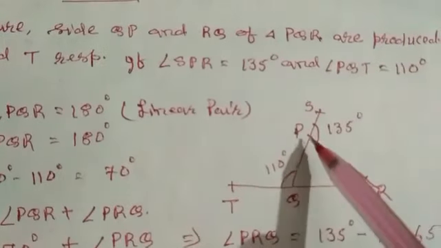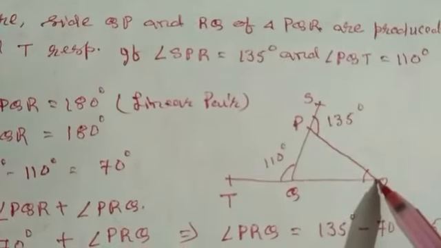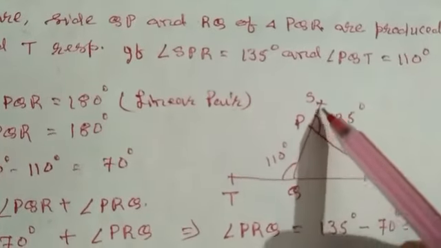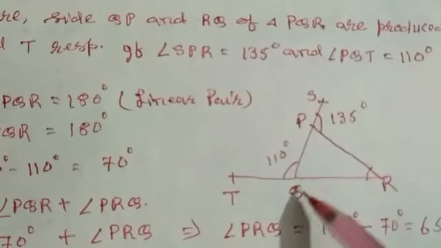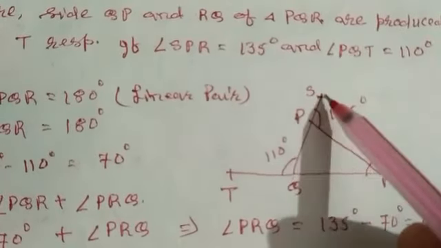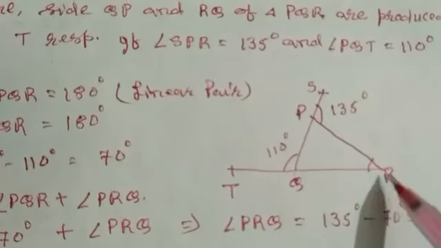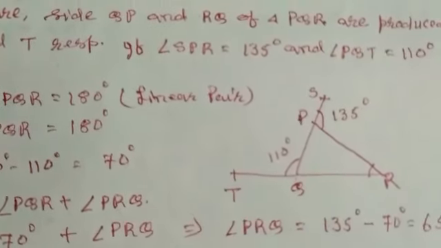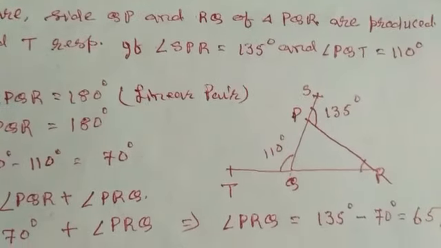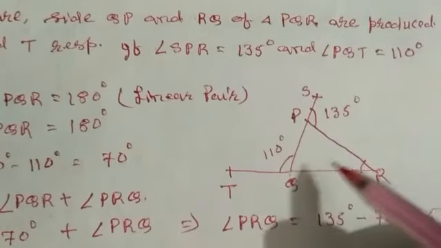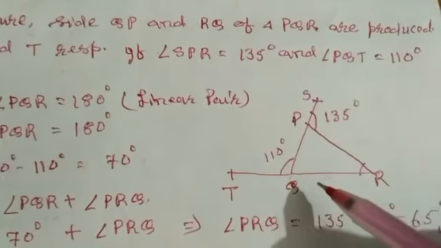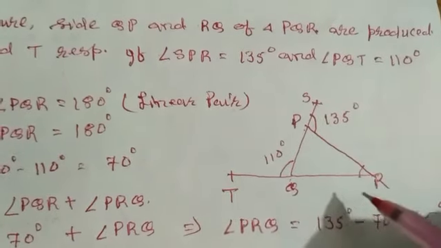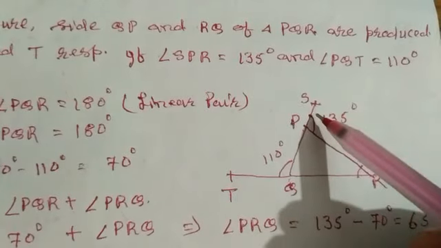So there is a triangle PQR in which side QP of the triangle is produced up to S, and the other side RQ is produced to T. Now when side QP is produced to S, an exterior angle is formed.